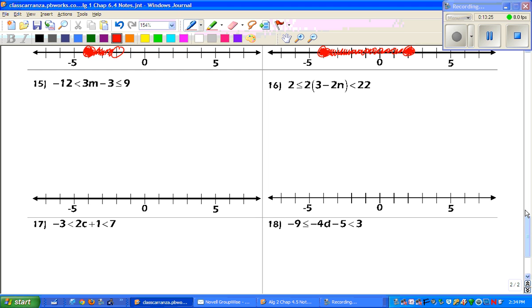Let's do 15 together. We'll do 15 and 16 together, and then the last two will be on your own. So, same thing. Let's get solving for m. We have to be careful with our signs.